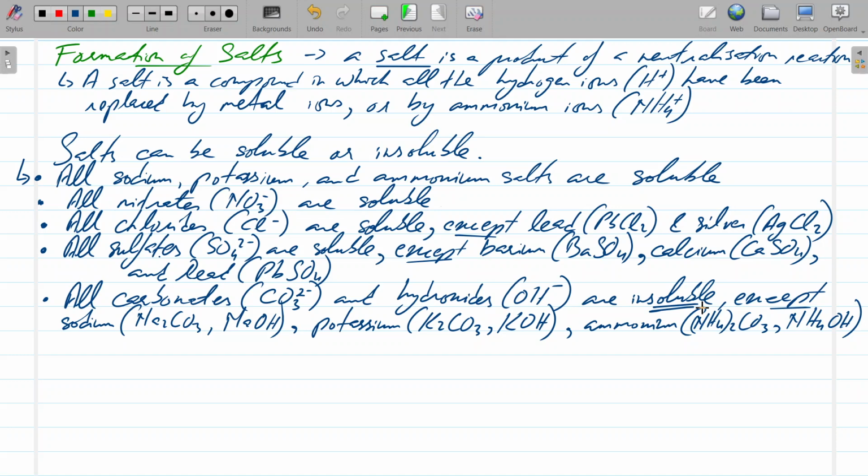Okay. So these guys are soluble. Why are they soluble? Because all of their salts are soluble. And right, this is something that you just have to digest. Okay, fine. This is it. This is how it is.